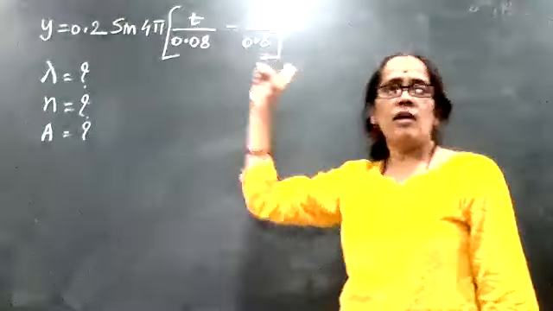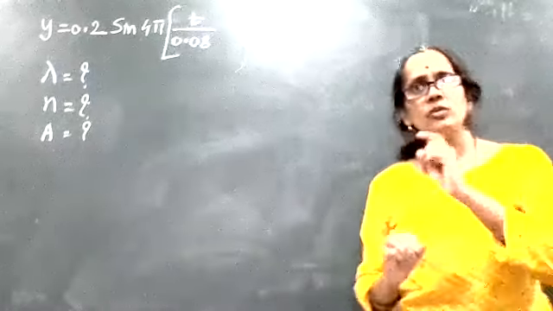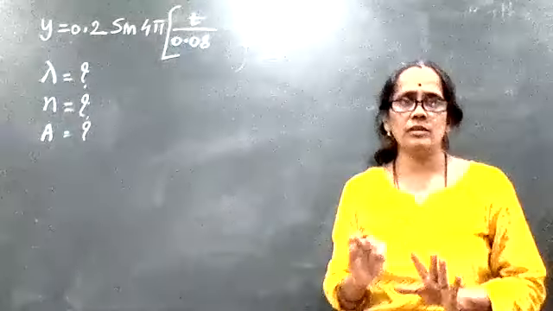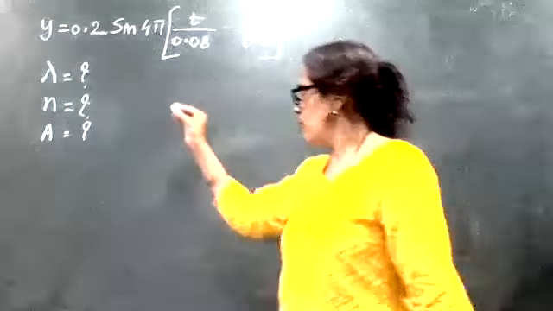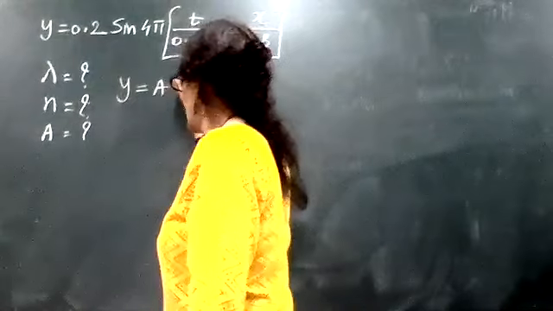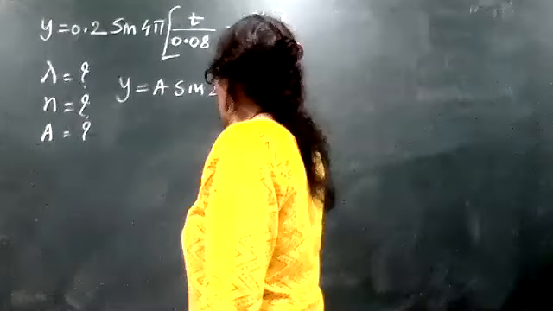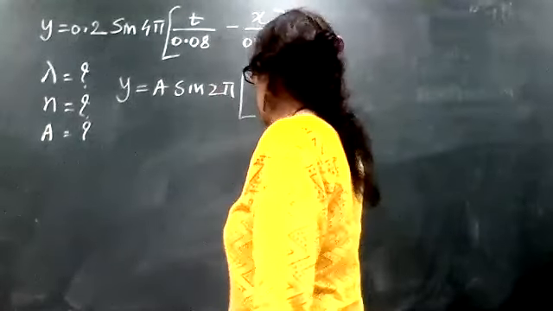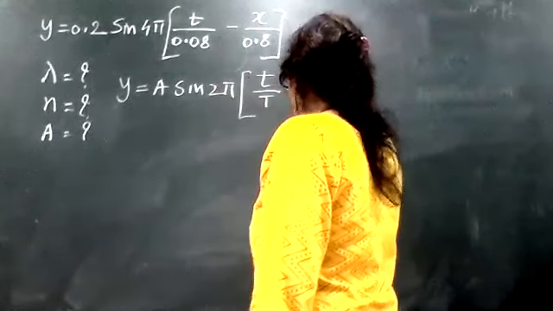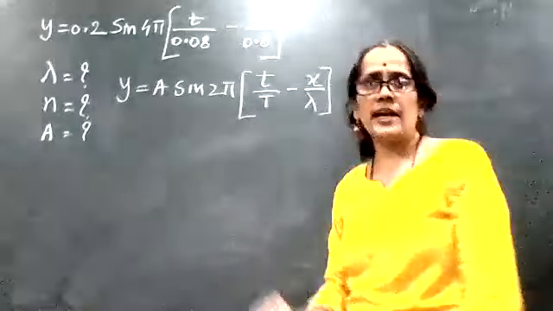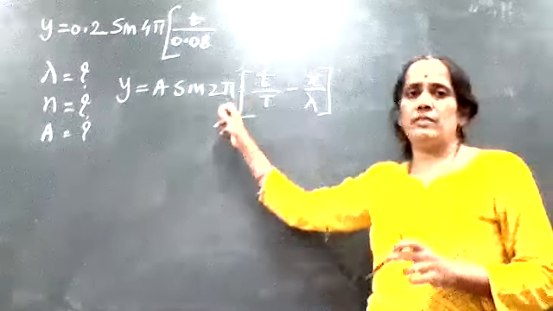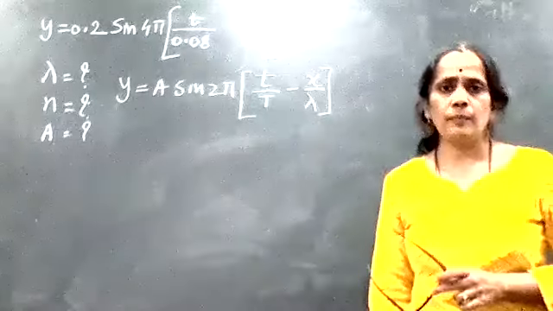Now whatever equation you have been given, you have to check whether it is in the standard form or not. What is your standard form? The standard form of the equation is y is equal to a sine of 2 pi in bracket small t upon capital T minus x upon lambda. This is the standard equation. So you have to compare your standard equation with the given equation.